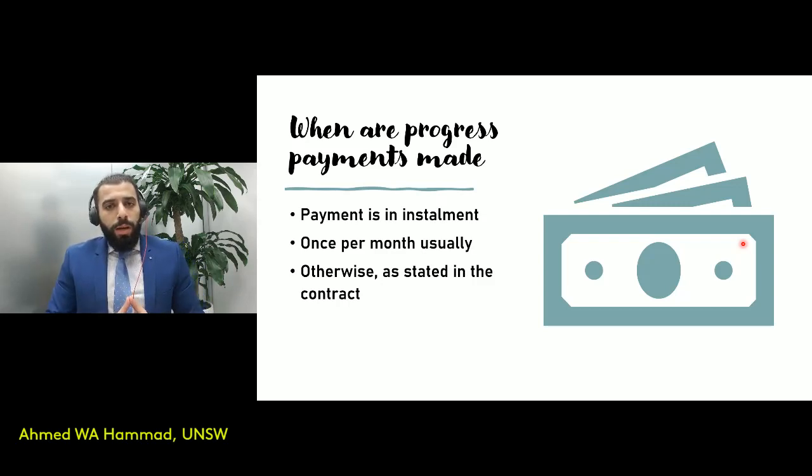In cases where it's mentioned in the Act that the principal has to pay within, for example, 20 business days, if the original contract stated that payment was to be made within 30 business days, then you'd have to stick with whatever the Act says because the Act overrules the common law.